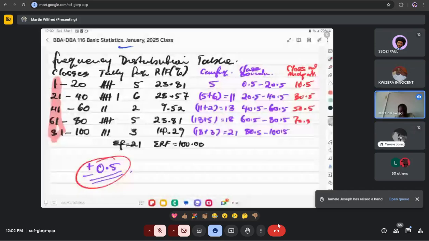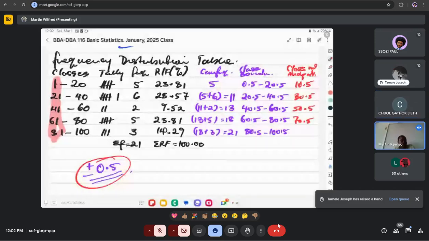And lastly, 81 plus 100, 181 divided by 2, 90.5.